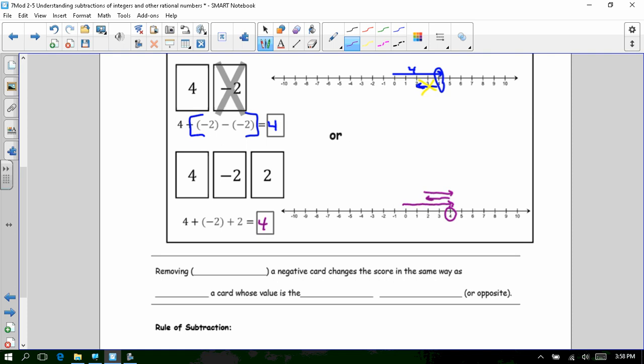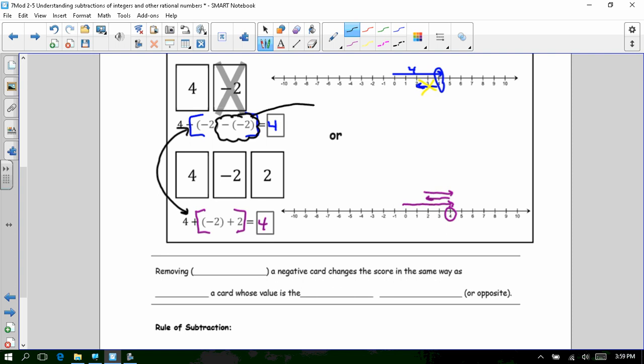All right, take a look at that. Look at this part here. Compare these two. What do you notice? Well, they both have a negative 2. The top one is negative 2, and the bottom one is a positive 2. What I want you guys to think of when you see this negative 2, I'm going to put a little puffy cloud around that, okay? I don't want you to say minus negative 2.